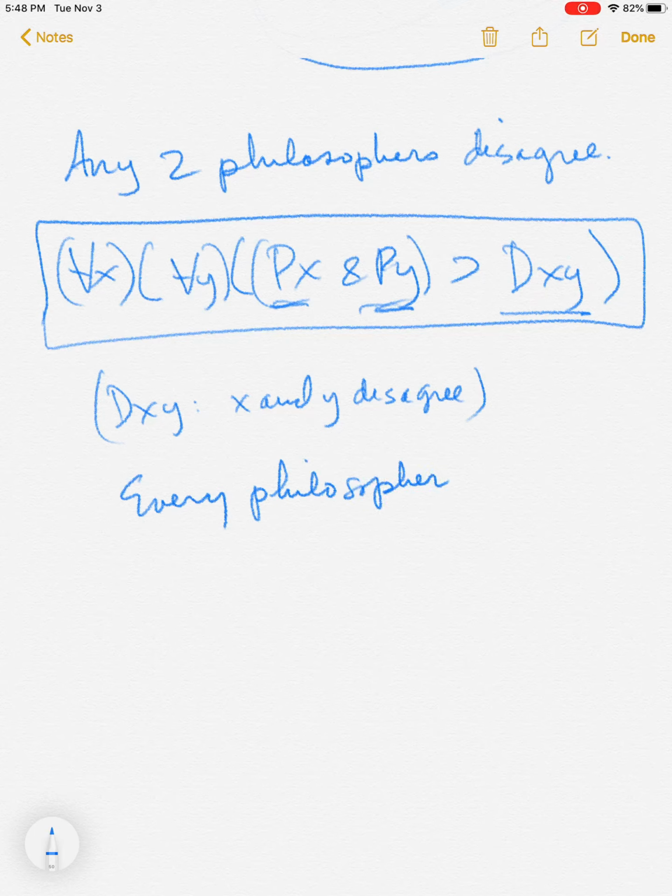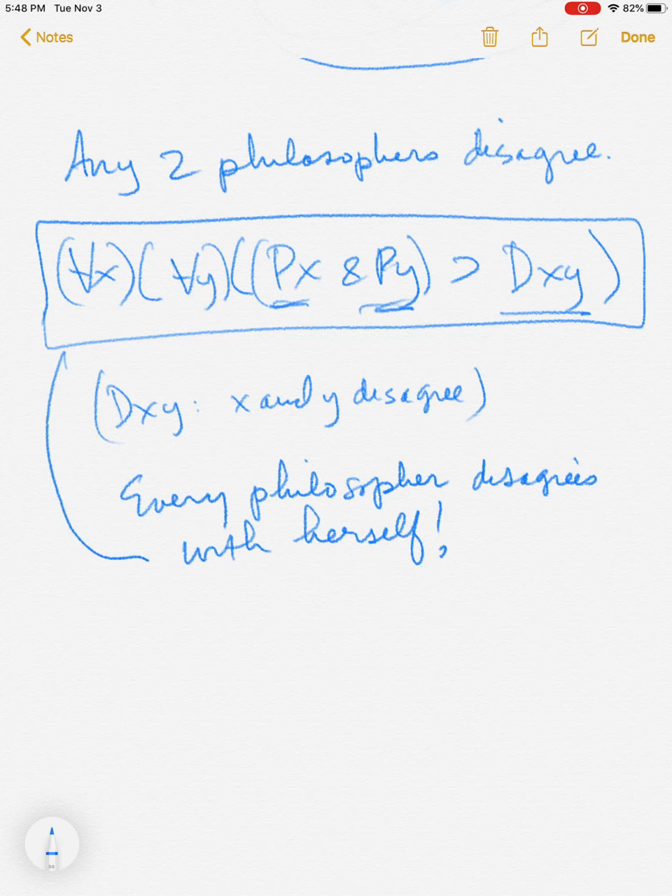I'm going to switch to the feminine pronoun. Every philosopher disagrees with herself. This doesn't rule out the possibility of x and y being the same philosopher. So what we want to say is that any two distinct philosophers disagree with one another. So we have to use identity there.